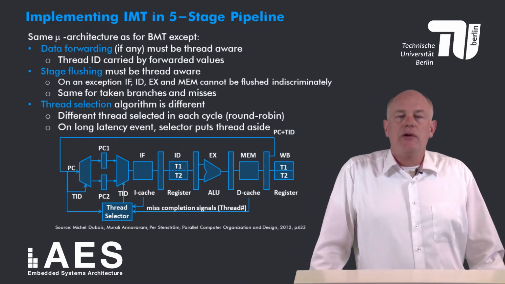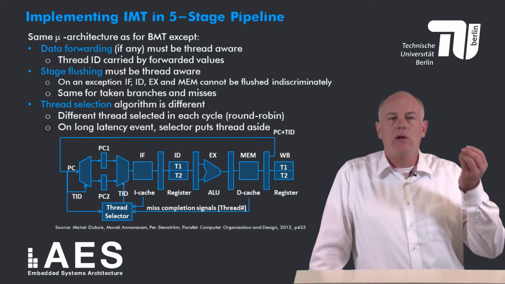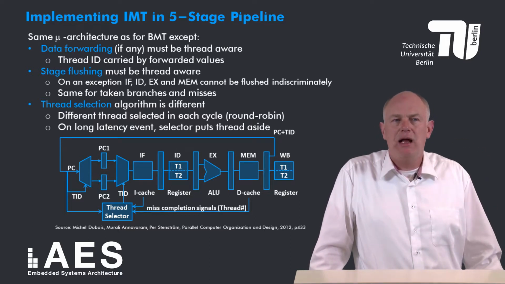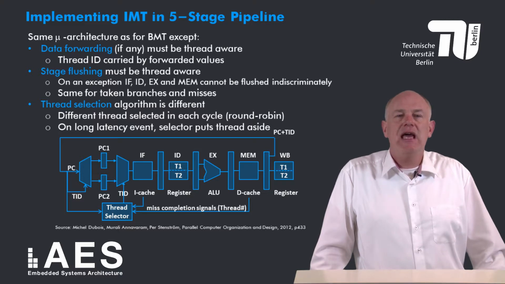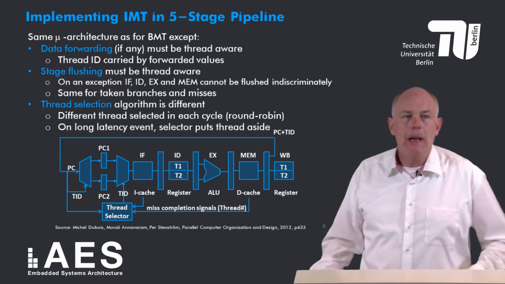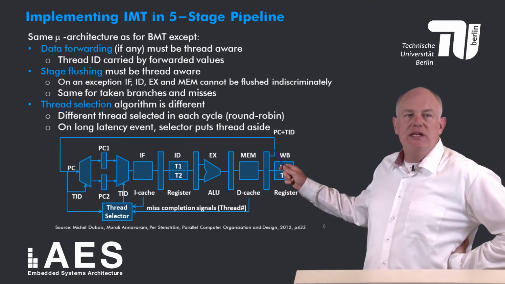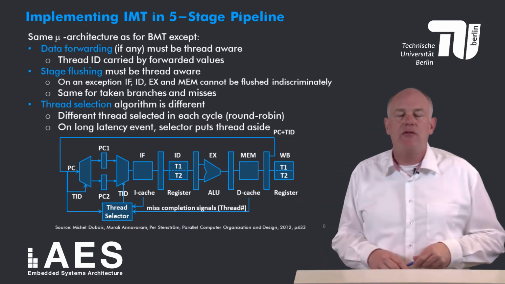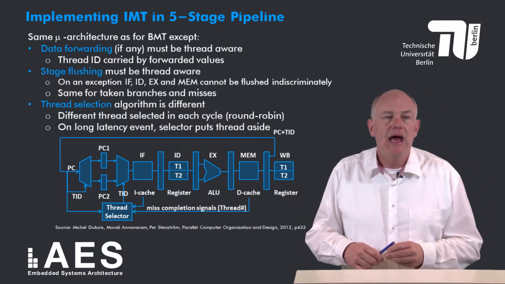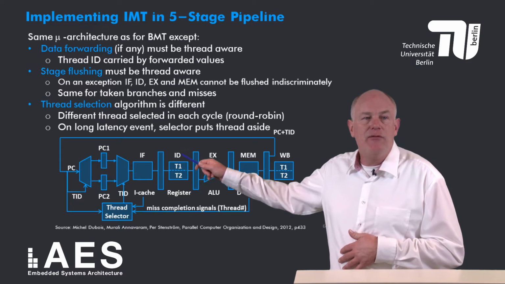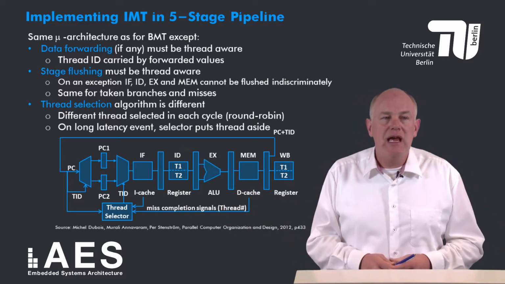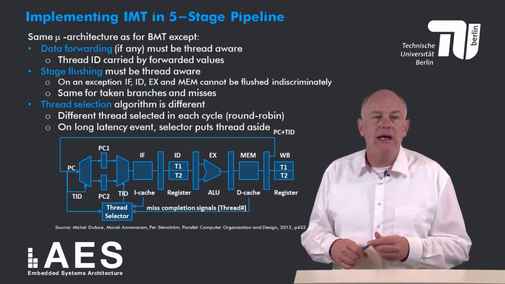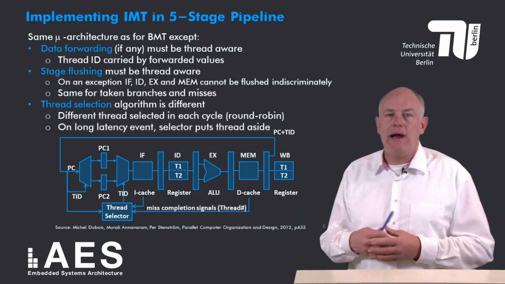Let's now have a look at how the hardware structure of our simple canonical 5-stage pipeline changes if we implement interleaved fine-grain multithreading. Basically, we have the same microarchitecture as for coarse-grain, block multithreading, except that data forwarding, if it is implemented, if it is required, must be thread aware.